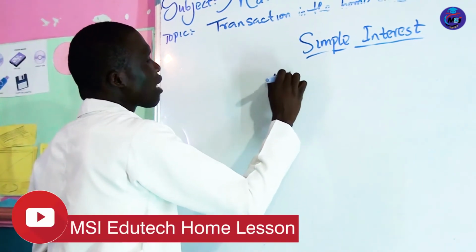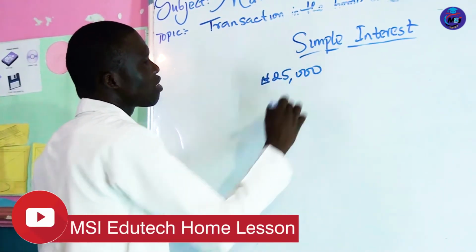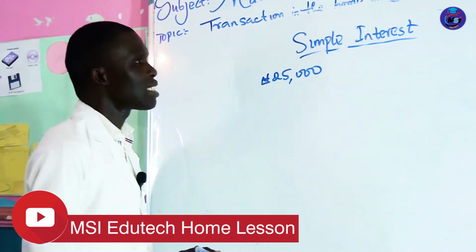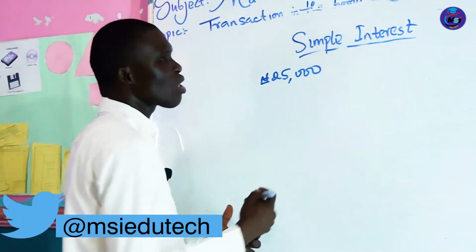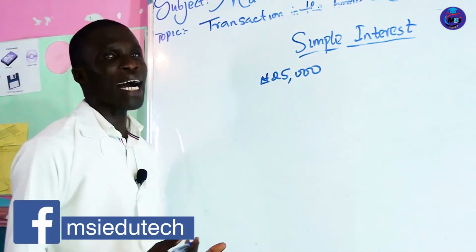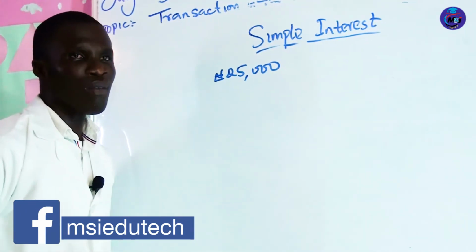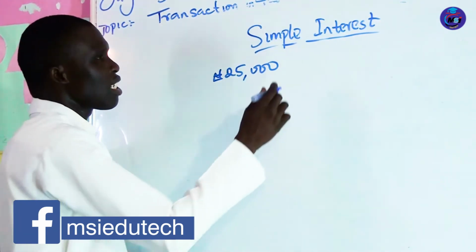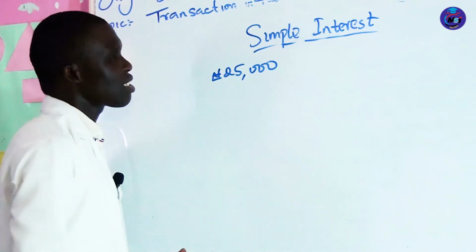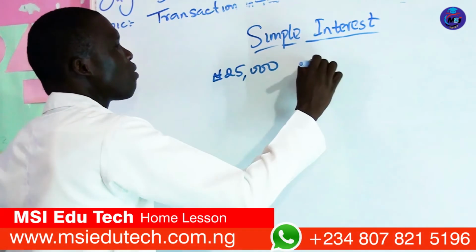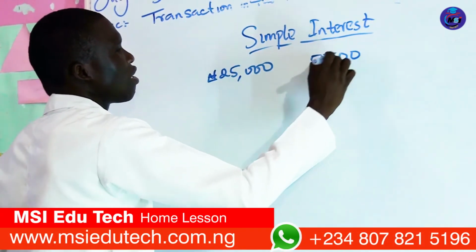You borrow 25,000 naira from a bank, and they ask you to return the money at the end of 2 years, and by the time you are returning it, you are going to pay 50,000 naira.